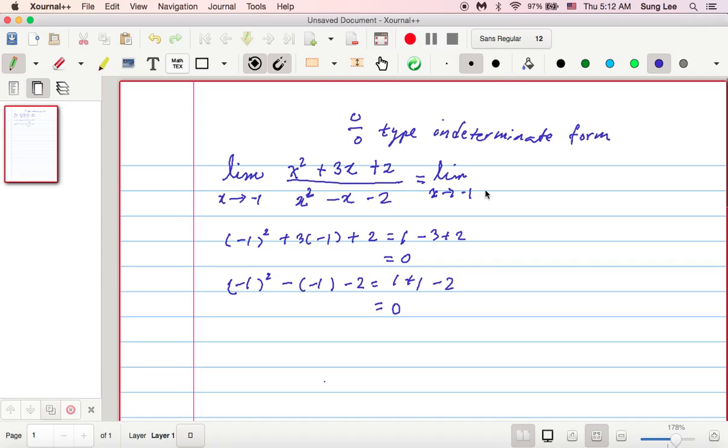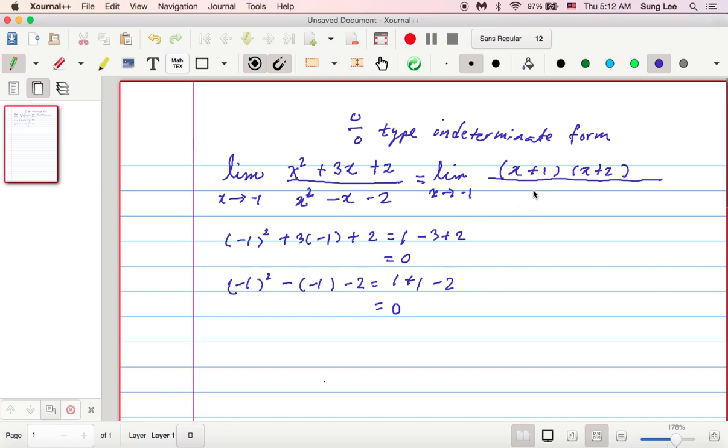Okay, so what do we do? We factor the numerator and the denominator. The first one can be easily factored into x plus 1 times x plus 2.